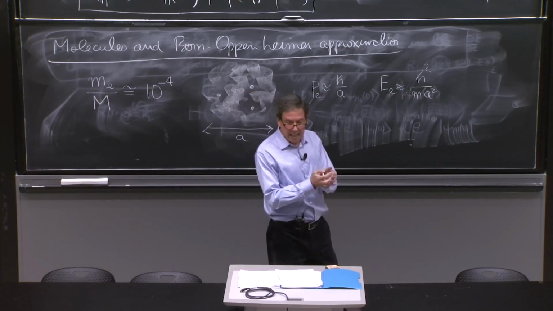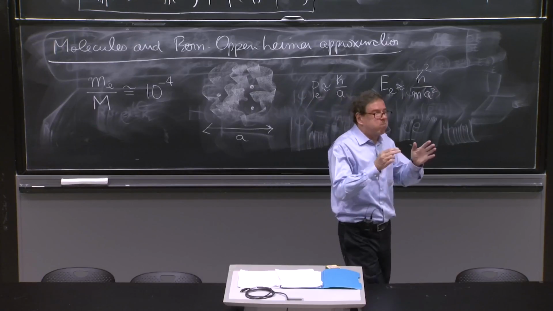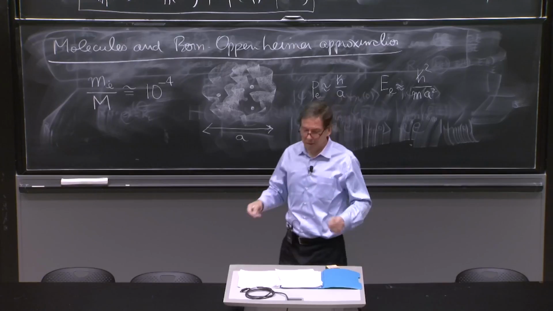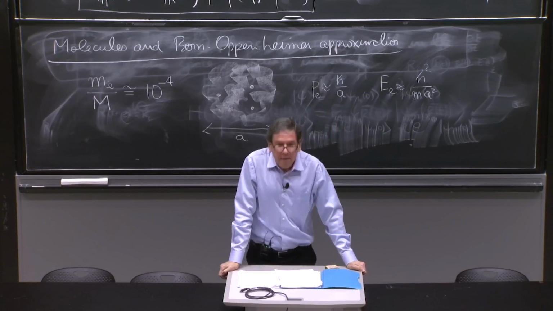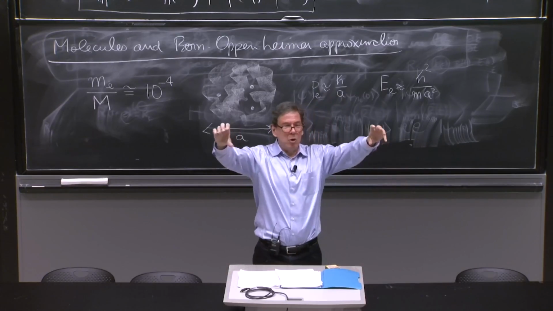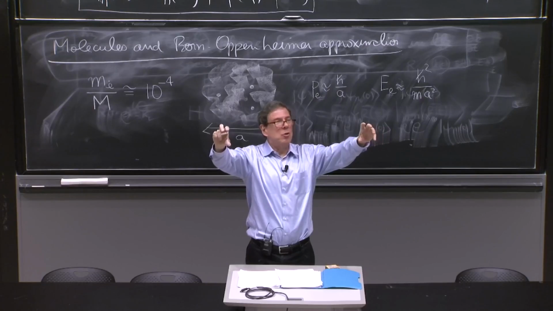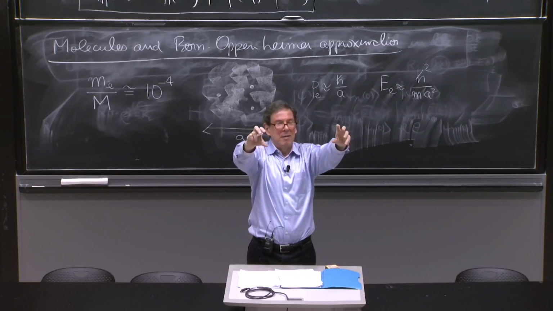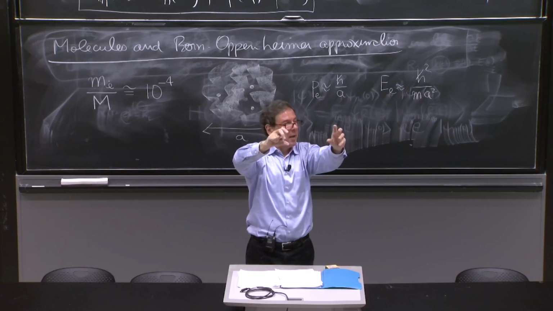So what is the approximate picture of the physics of a molecule? Basically, you have nuclei, and the nuclei repel each other. They want to be away.